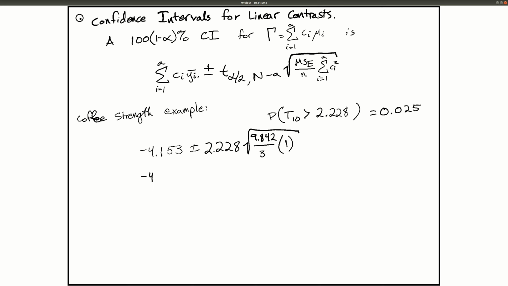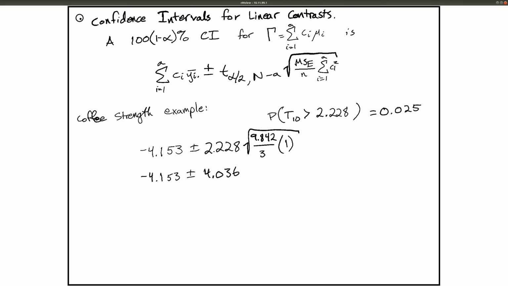So our confidence interval is centered at negative 4.153, plus or minus, working out this math, 4.036. And again, we'll see that this confidence interval doesn't overlap with 0, and so that's consistent with our conclusion from the t-test.